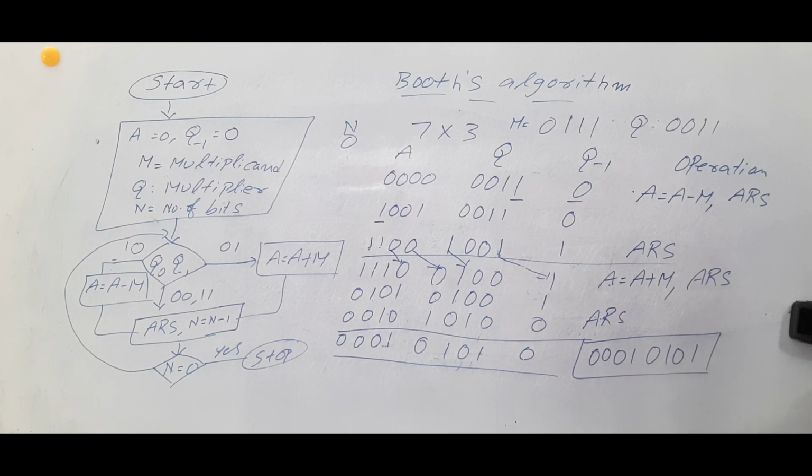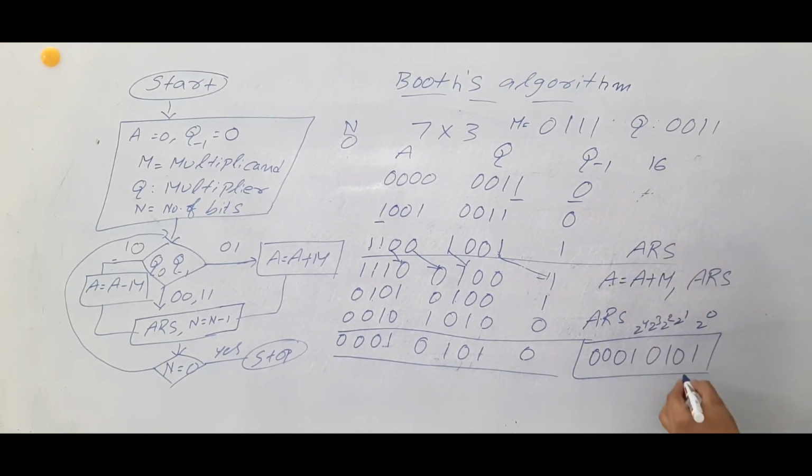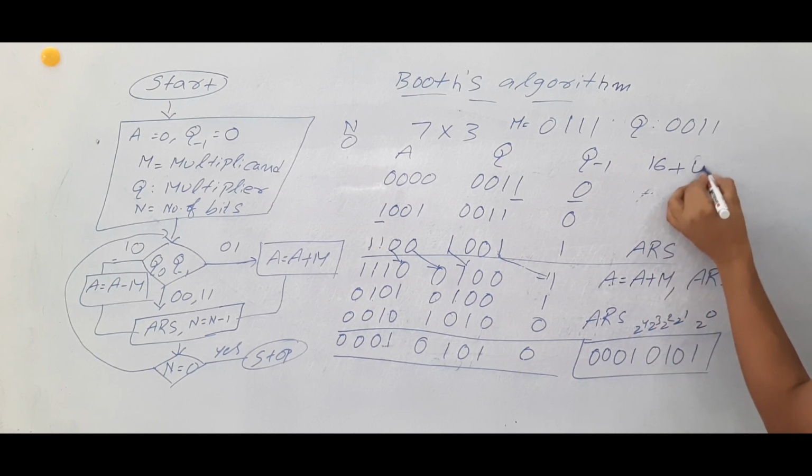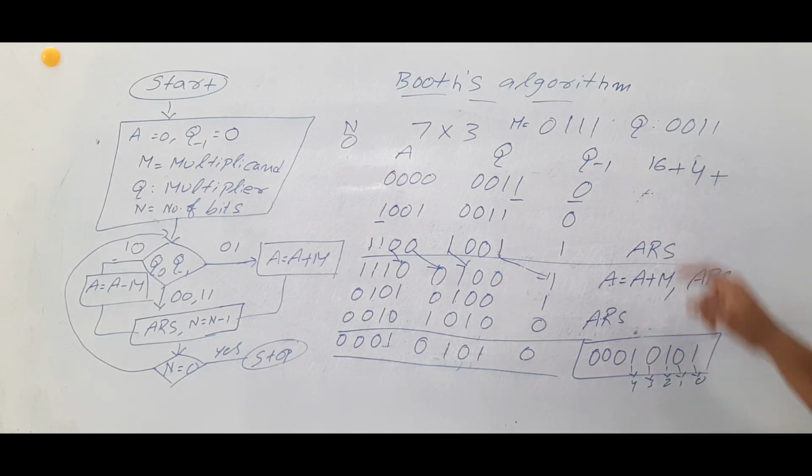If you take this value, this is 2 power 0, 2 power 1, 2 power 2, 2 power 3, 2 power 4. Let me write it here. 1 into 2 power 4, you will get 16, plus 0 into 2 power 3 is 0, plus 1 into 2 to the power 2 is 4, plus 0 into 2 to the power 1 is 0, plus 1 into 2 to the power 0 is 1.